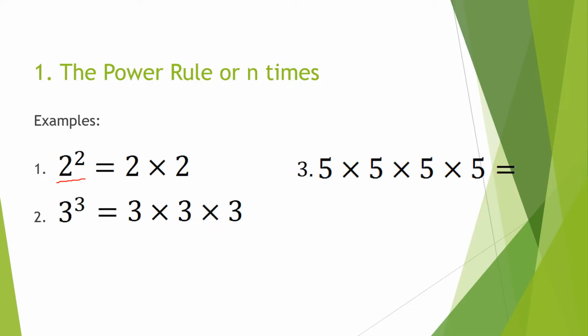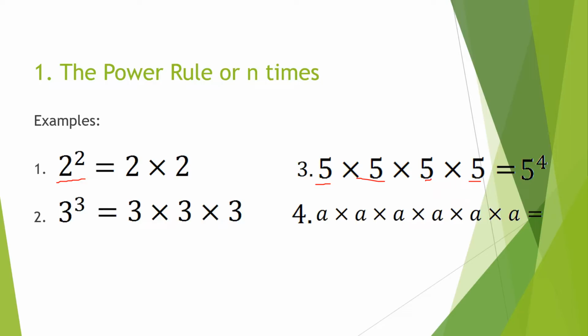And for the next example, we will do the opposite. If you are given 5 times 5 times 5 times 5, how can we write that as an exponential expression? So our base will be 5, and then our exponent is 4, since we are multiplying 5 by itself 4 times.